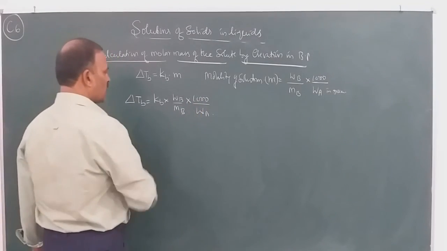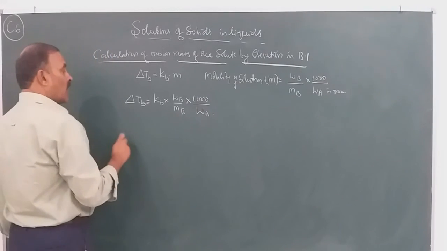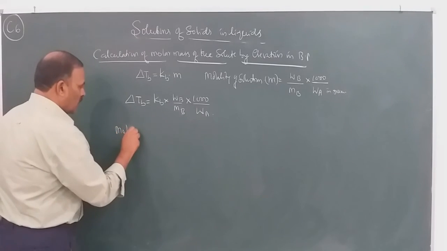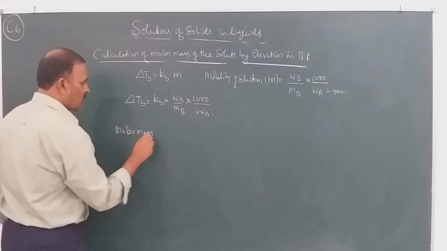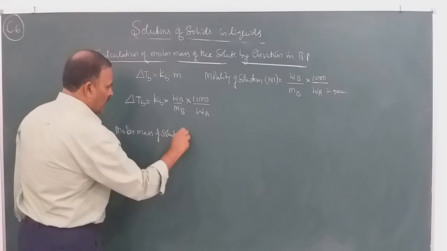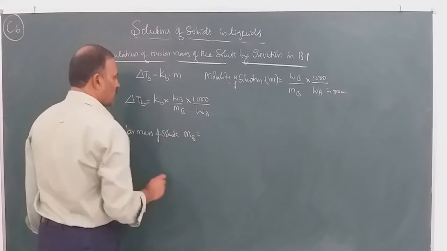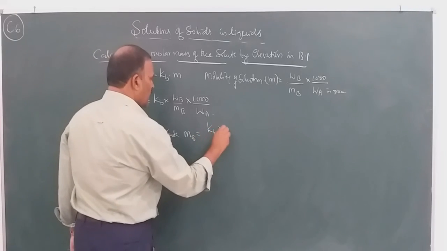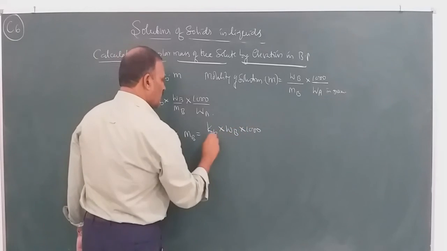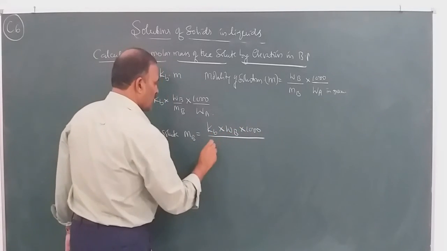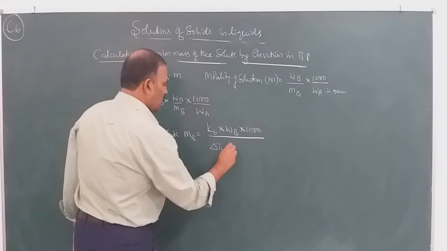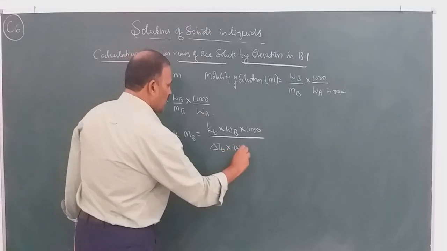From this equation we can calculate the molar mass of the solute. So the molar mass or molecular weight of solute, MB, is equal to KB into WB into 1000 divided by delta TB into WA.